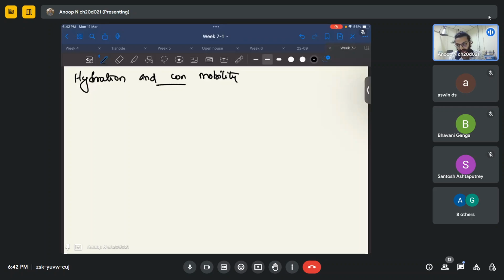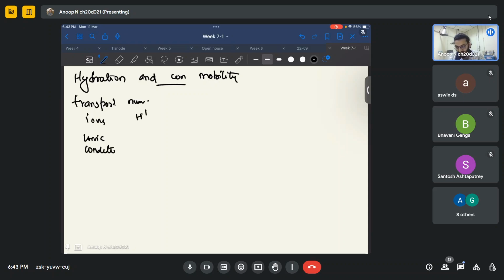So we were seeing hydration and ion mobility. We have seen in the last class, while solving the problems regarding transport number, the ions and ionic conductivity.